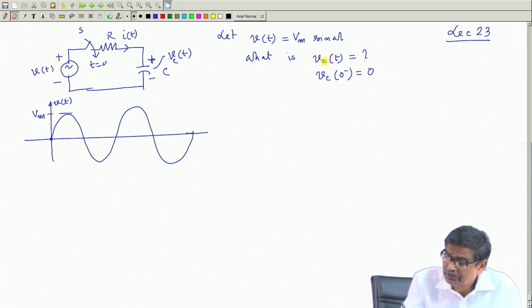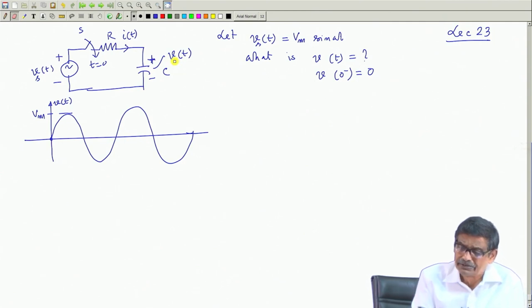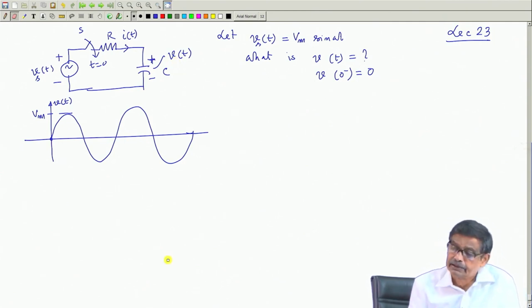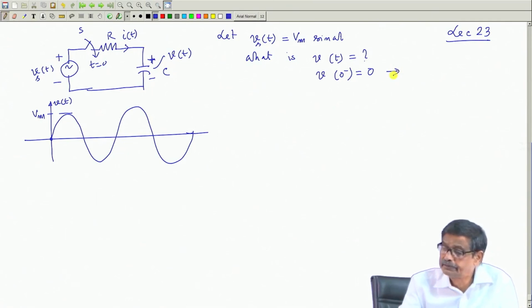Allow me to write the supply voltage as Vs, and the voltage across the capacitor simply as V(t). So Vs(t) is V max sin omega t, and the given boundary condition tells you that V(0+) has to be also 0.